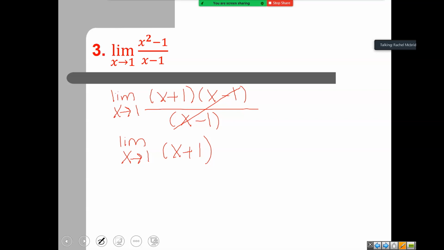So until I plug the 1 in, I write my limit. If you plugged it in at the very beginning, exactly, 1 minus 1. That told me I needed to factor. So I did, I just didn't write it down.